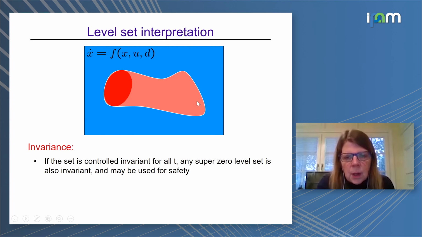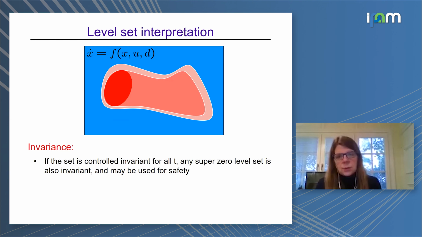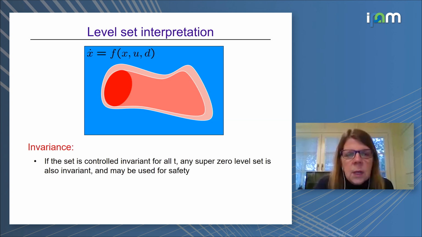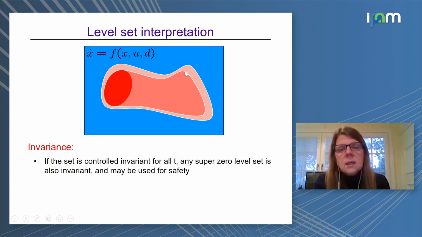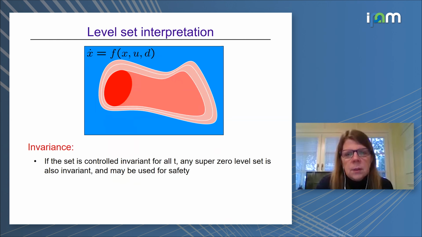Then we also have the property that any super-zero level set of that function J of x,t is also invariant, and you can use it to certify safety. If you're guaranteed to stay outside the sub-zero level sets of J of x,t, it may be easier to show that you can stay outside of a super-zero level set of that function. Then you're guaranteed to stay outside of the zero level set itself. So any of those may be used for safety.